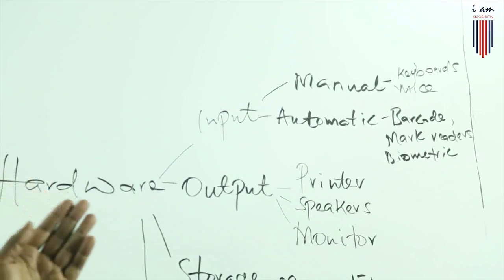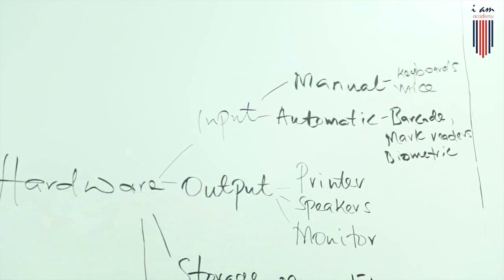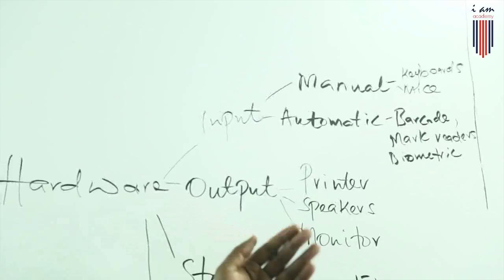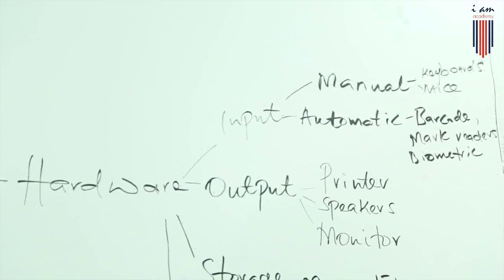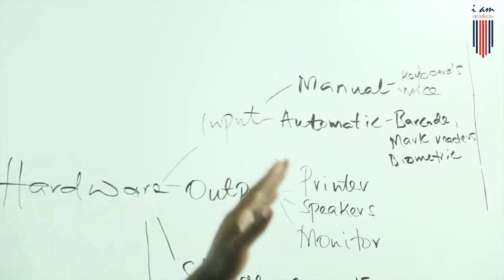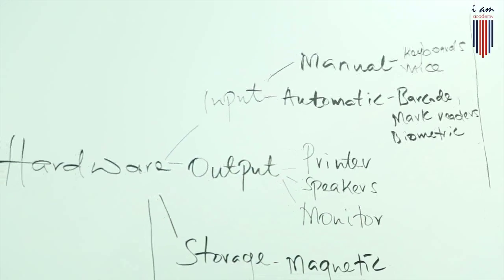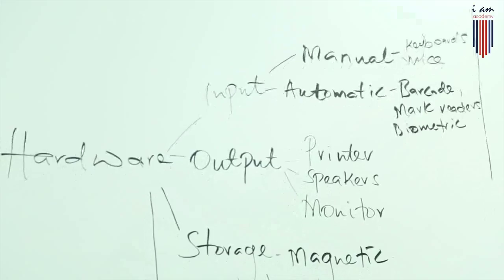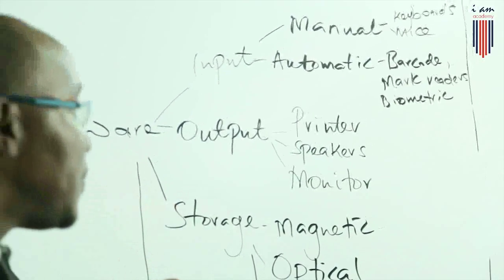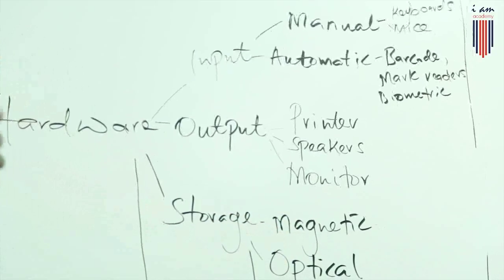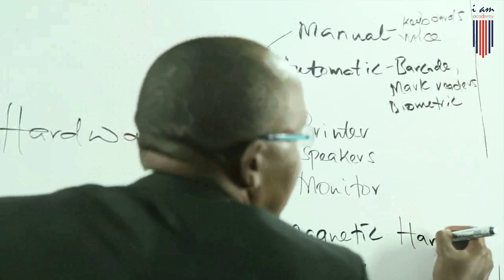As part of hardware, we've talked about output devices, which are used to output information from the computer for use by the user. So there are printers, speakers, and monitors as the major devices there. Then there was storage devices, which we have mentioned as magnetic storage, which majorly comprises of hard disks.